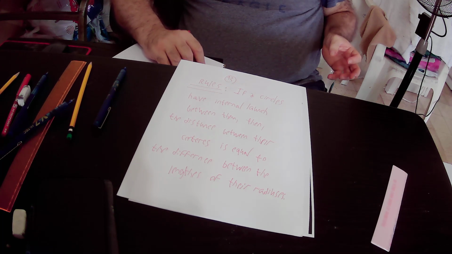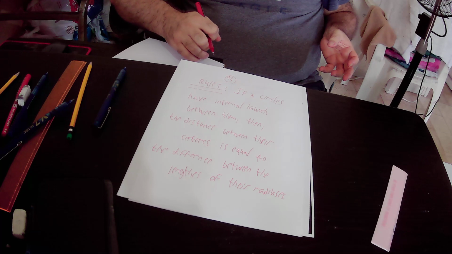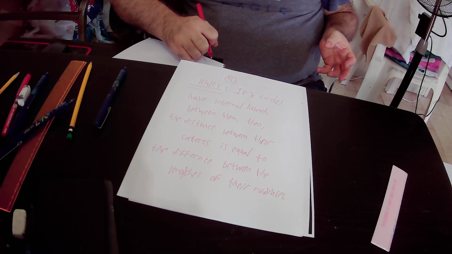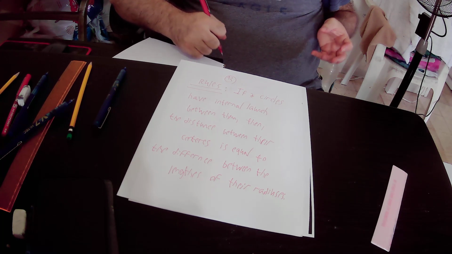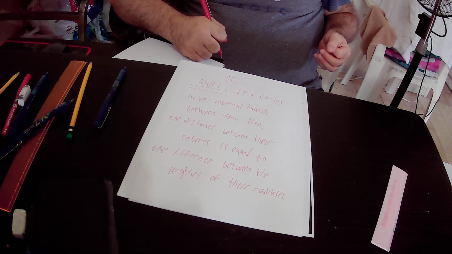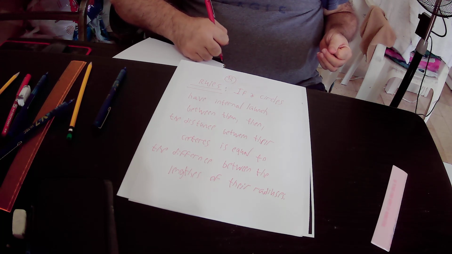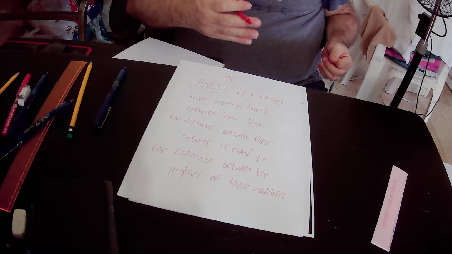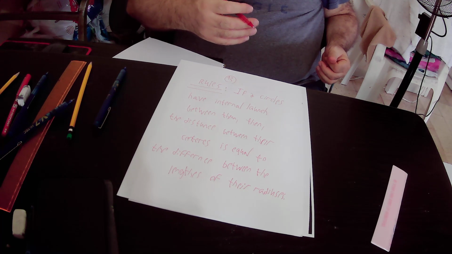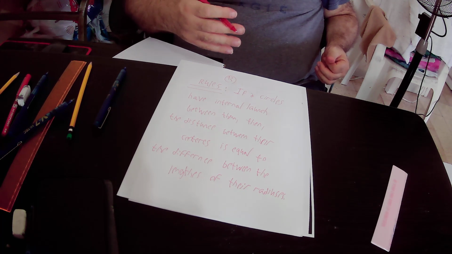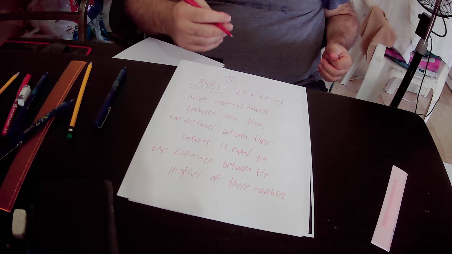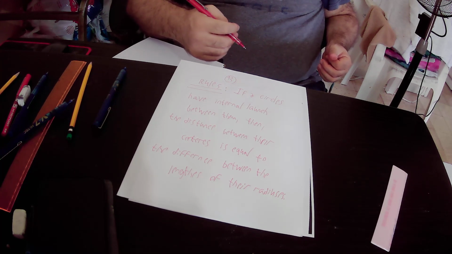So actually, if we have two circles that have internal tangent between them, that is to say, if two circles touch each other internally, then according to rule number 5, the distance d between their centers is equal to the difference between the lengths of their radiuses.